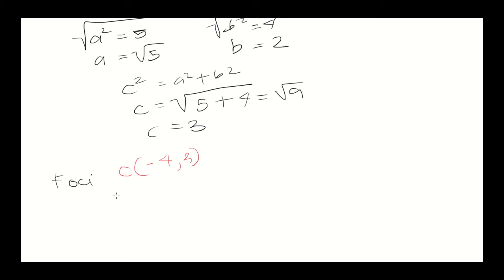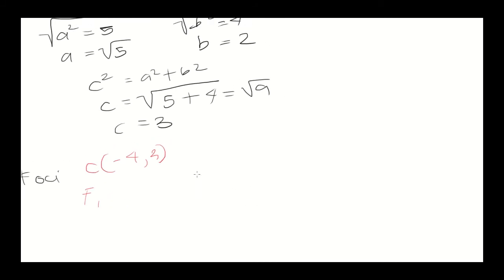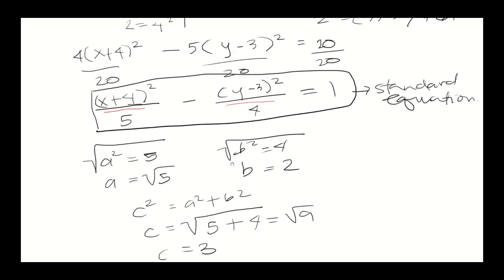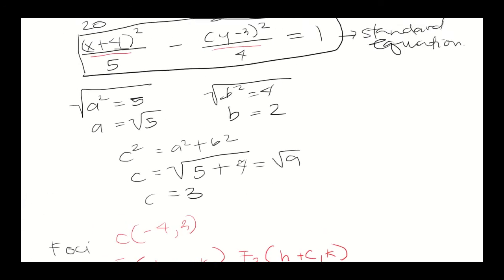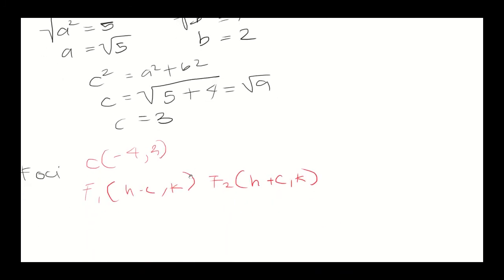Now we just need to subtract and add c. Our focus 1 is (h minus c, k), and focus 2 is (h plus c, k). This is only good for an x major axis. If it is a y major axis, you will subtract and add c at k.